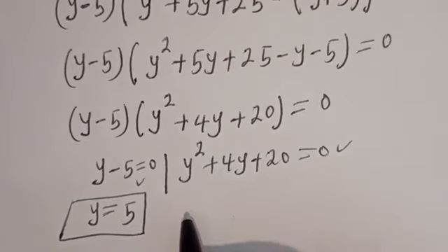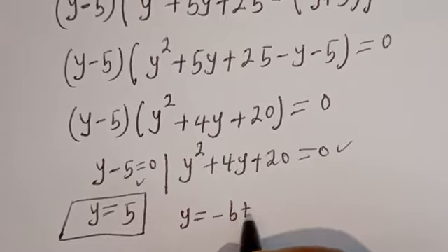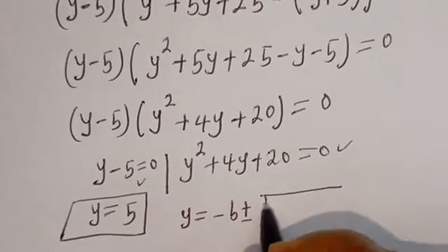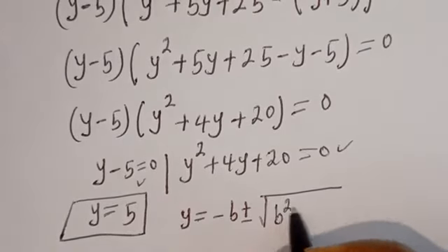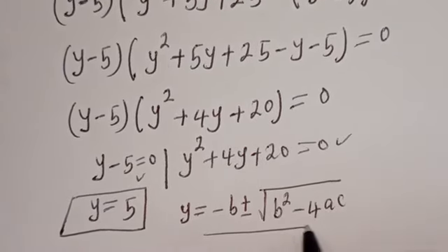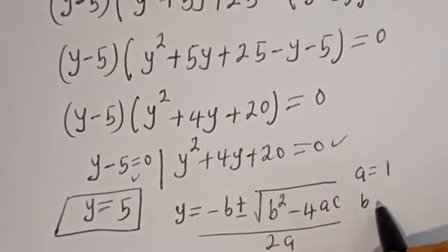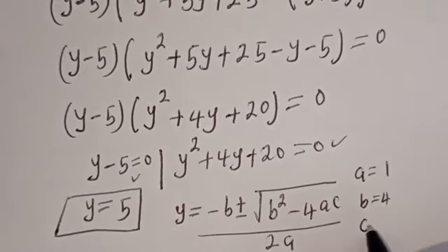Our quadratic general formula is given as y is equal to minus b plus or minus square root of b square minus 4ac, divided by 2a, where a equal to 1, b equal to 4, c equal to 20.